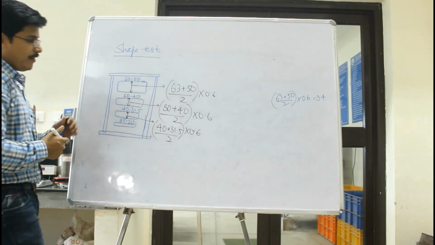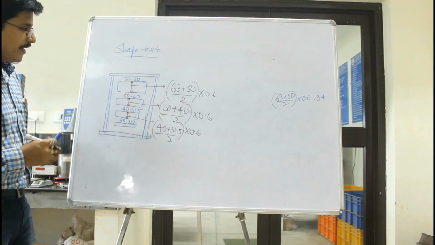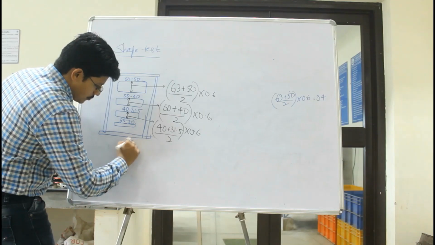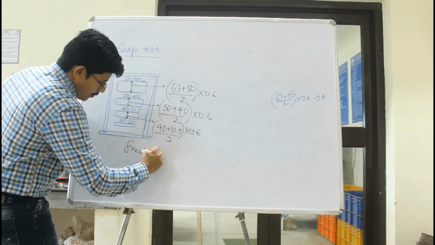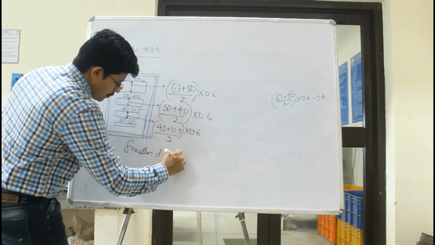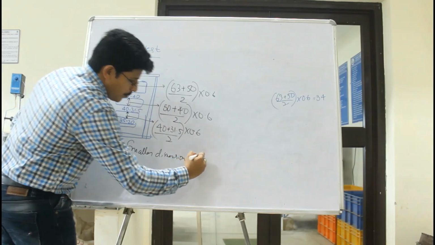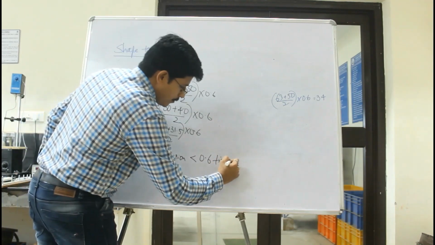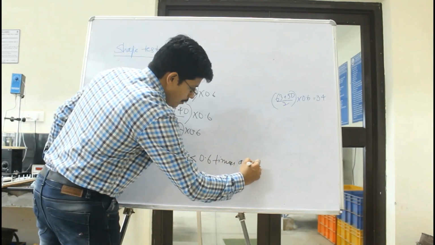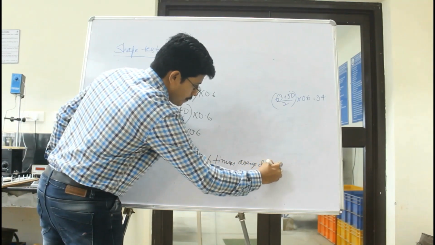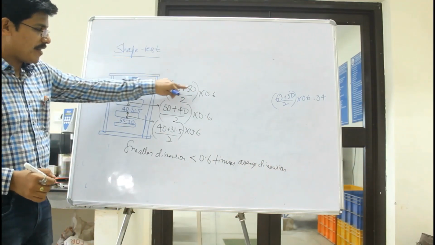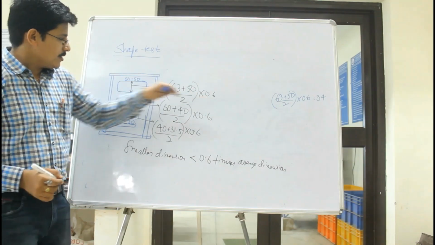We can define flaky aggregates as those whose smaller dimension is less than 0.6 times the average dimension. It is 63 plus 50 by 2 as the average dimension, and then into 0.6.